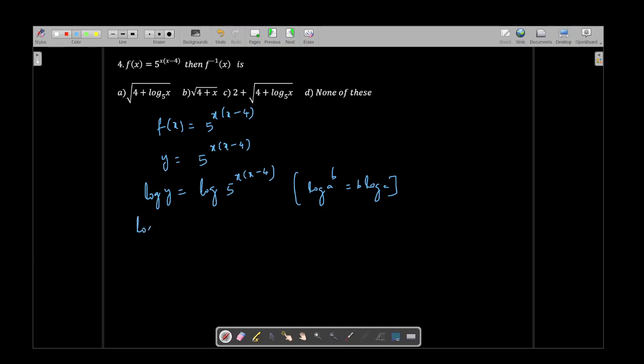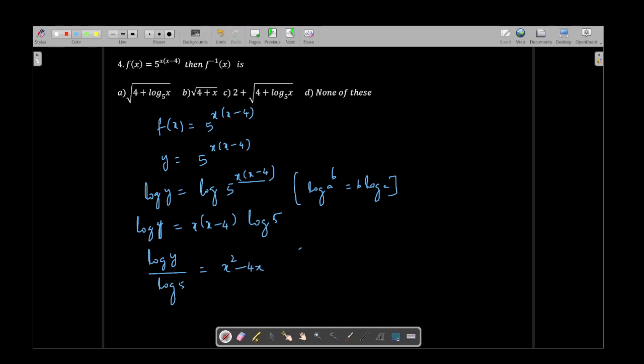So log y is equal to, the power comes down, x minus 4 into log 5. So I take log 5 to the left hand side, and we get log y divided by log 5 equals x square minus 4x.